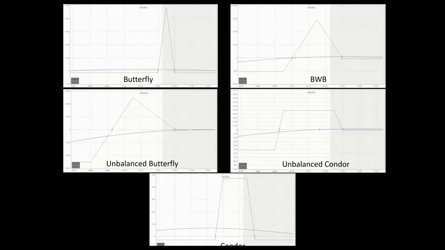Personally, if I was new to trading and I looked at all these boxes, half of my brain is going to go, well, this is the best because it's only got 15 cents of risk. The other half of my brain is going to say, well, this has the greatest profit potential, but I got a lot of risk here.